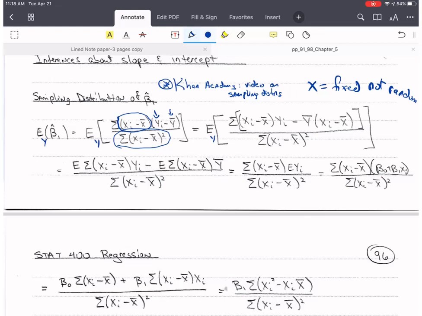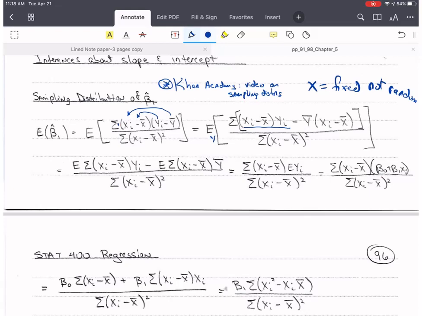It's just a number. So what I've done is I've distributed the y's here. I've distributed this times this, and I've taken this times this, and so that's what I've written out here. I've got xi minus x bar times yi, and then I've got xi minus x bar times y bar.